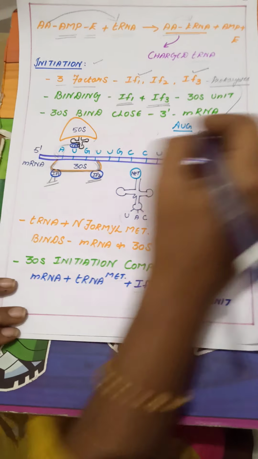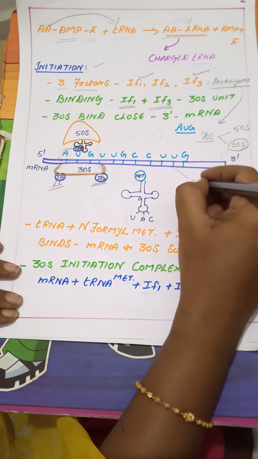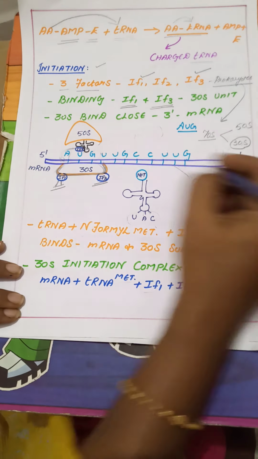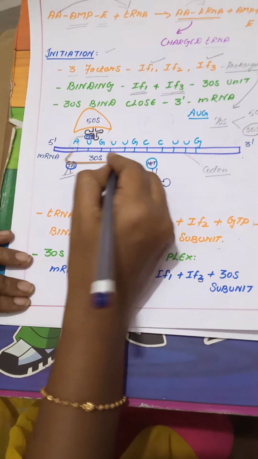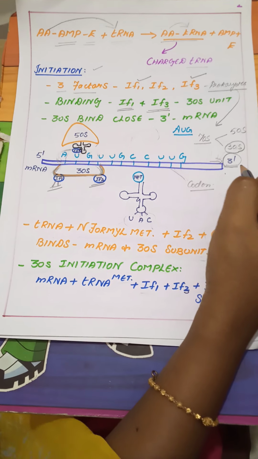This smaller unit binds with the mRNA. The mRNA carries the codons, that is the coding strand, at the P site, closer to the 3' direction.